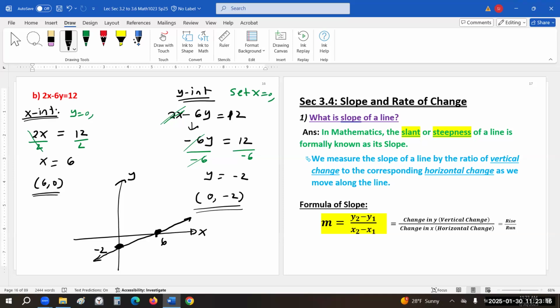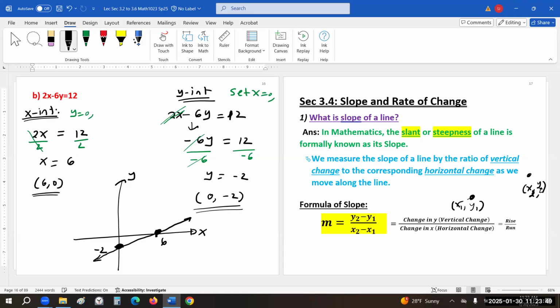Anyway, if we are given 2 points, let's say 1 point is here, this is x1, y1. And let's say there is another point here, x2, y2. Then to find how steep the line is from one point to the other, we use this slope formula, where we take the difference in the y values and divide that by the difference in the x values.